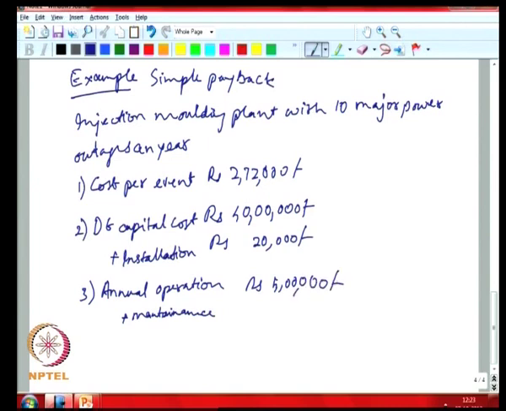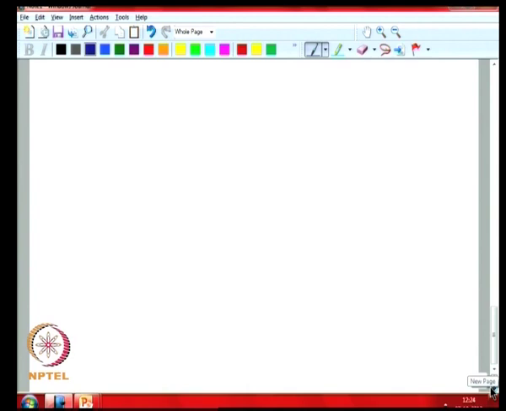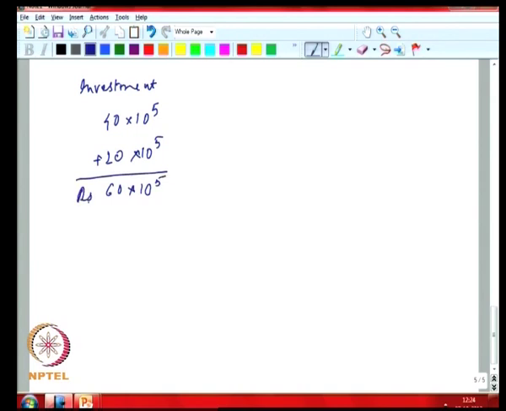and what we would assume is by adding this particular, say, a genset, you are avoiding all the major outages. And then if you look at what your investment is, 40 lakhs plus 20 lakhs, and then you are looking at returns.